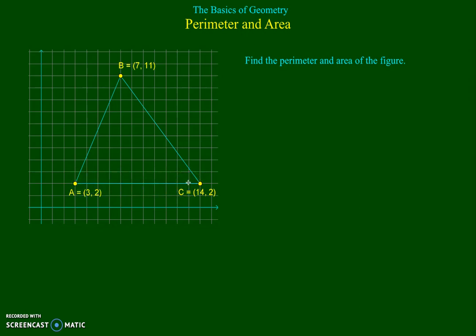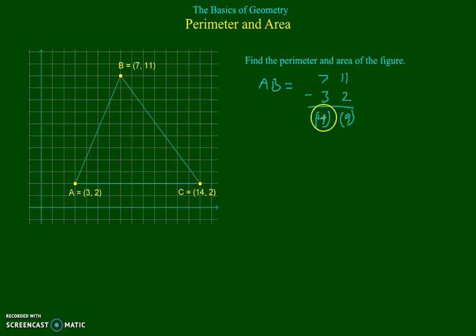So let's go ahead and we'll start over here. AB, distance formula. Take our points and stack them. So this is AB, (7, 11) and (3, 2). 7 minus 3 is 4. 11 minus 2 is 9.